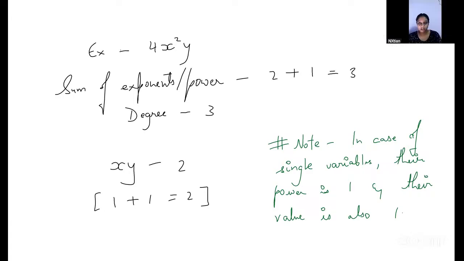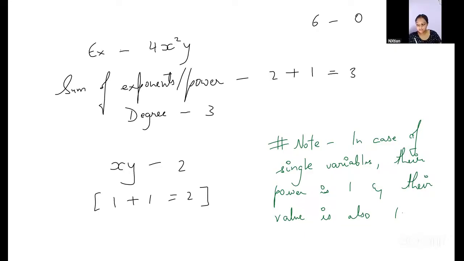Now, if I say it's just a number, what will be the degree of 6? It will not be 1, but it will be 0. Degree of 6 will be 0. Why?